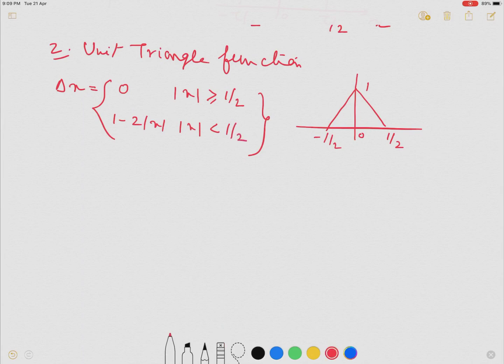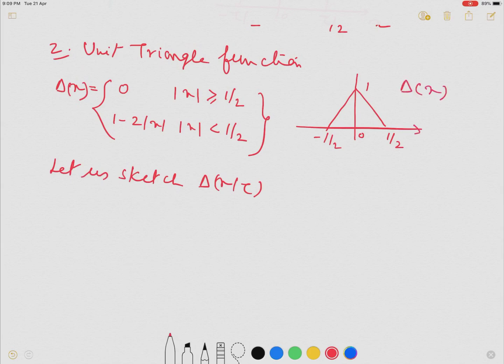now again we will do a simple exercise of expansion. Let us sketch del of x by tau. It is the triangular function with respect to x. So I will draw again this expansion, where the parameter tau is divided.